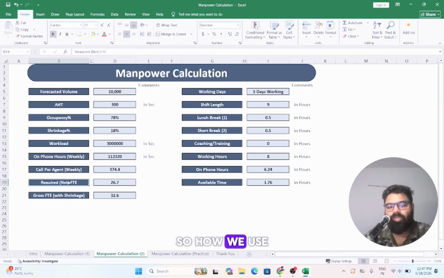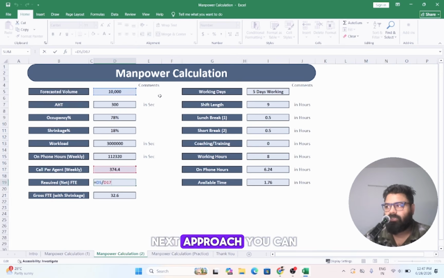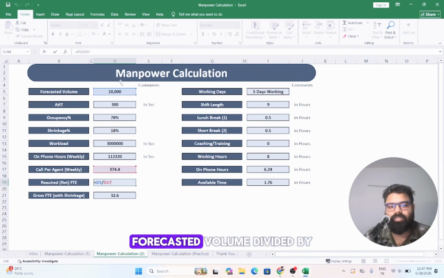Okay, now once we have it, the different approach to calculate the base FT is that we divide the forecasted volume by the calls per agent. So this is the next approach you can go with to calculate your base FT or required FT. Forecasted volume divided by calls per agent.